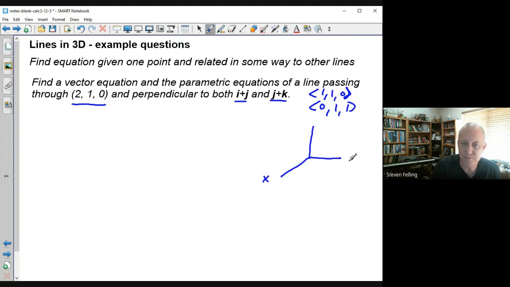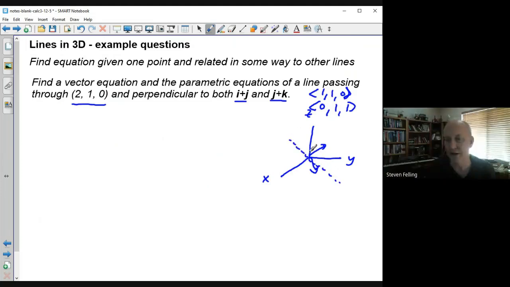So let's make a kind of sketch of what we're doing here. So we've got 1, 1, 0, a vector that goes 1 in the x direction, 1 in the y direction, but not in the z direction. So that would be like that. And then 0, 1, 1 would be in the yz plane like that. So we need to be perpendicular to that, which means the direction vector needs to be somewhere along this direction.